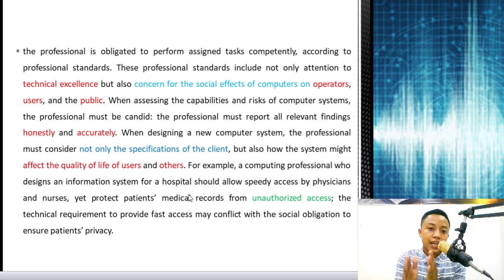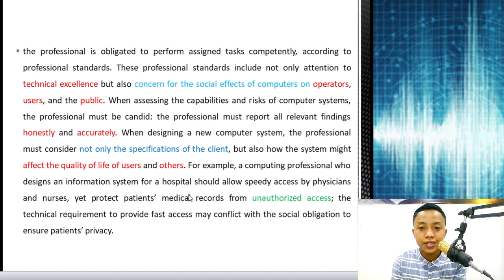Kaya nga po, kinakailangan po talaga natin, we are always concerned sa kung ano yung makaka-apekto. Ano po talaga makaka-apekto dito of computers, operators, the users, and the public. Makakabuti ba ito? When assessing capabilities and risks of computer system, the professional must be candid. The professional must report all relevant findings honestly and accurately.